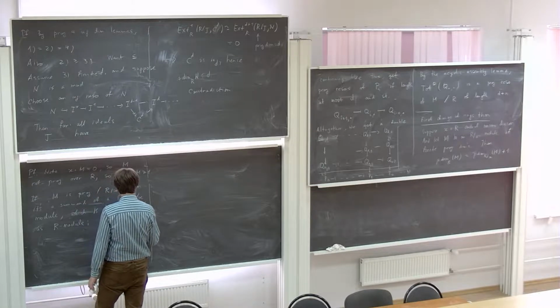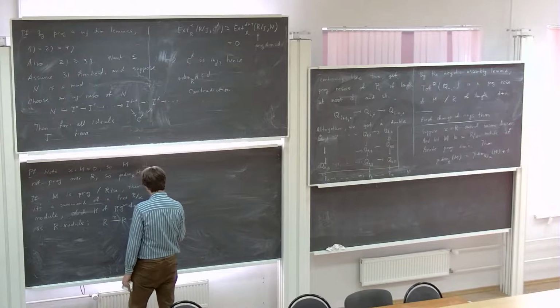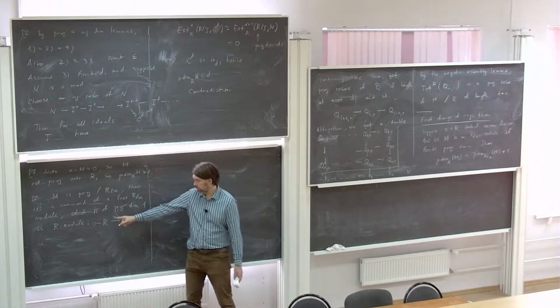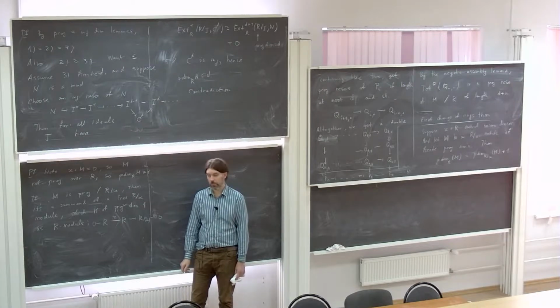So R mod x, the free module of rank 1, is resolved over R by this, and this is actually a resolution because x is a non-zero divisor.